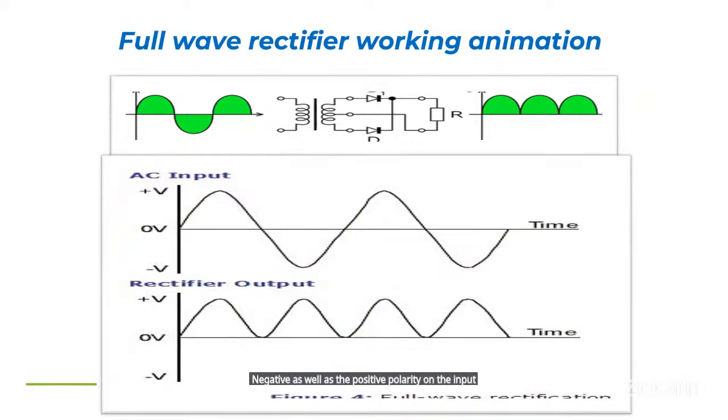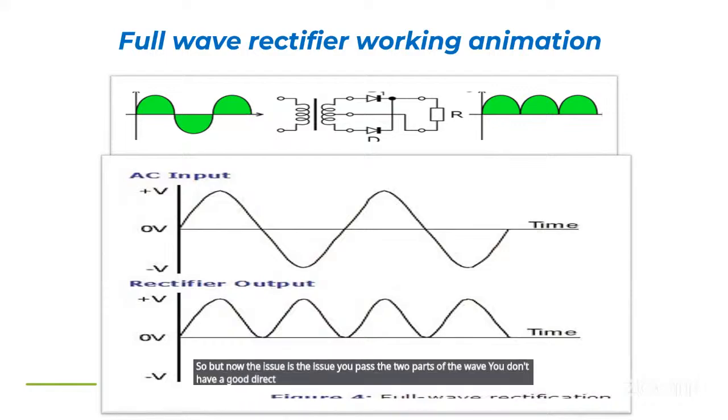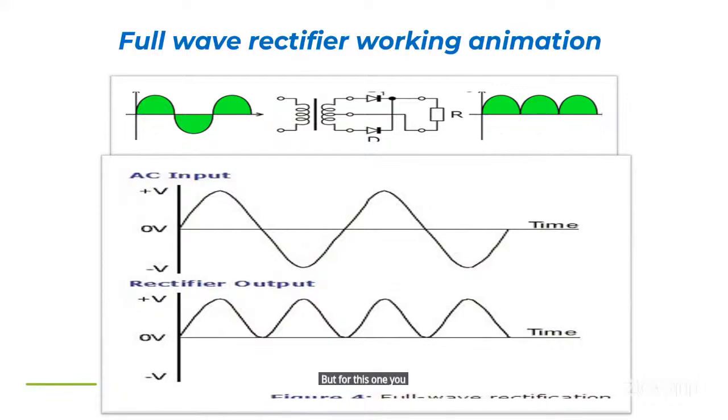But now the issue is, when you pass the two parts of the wave, you don't have a good direct current, because a good direct current should be symbolized by a horizontal line. But for this one, you have just two waves coming close to each other.